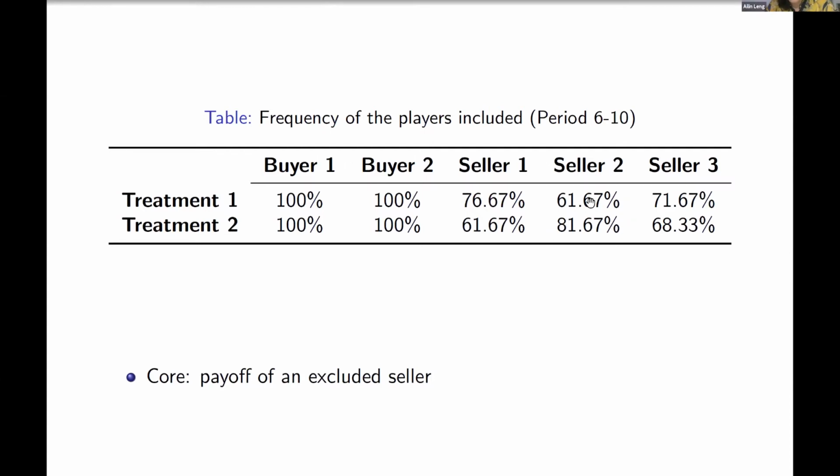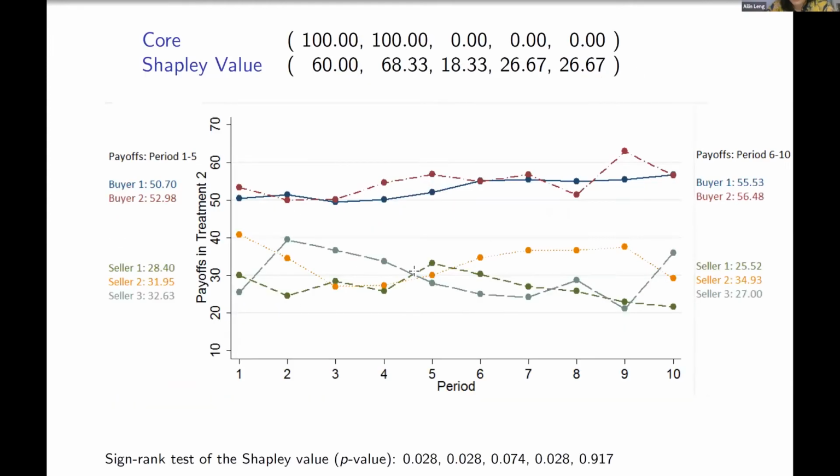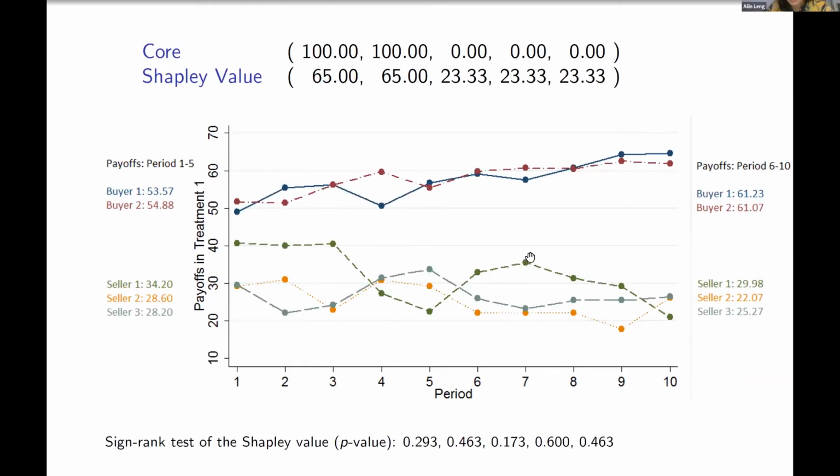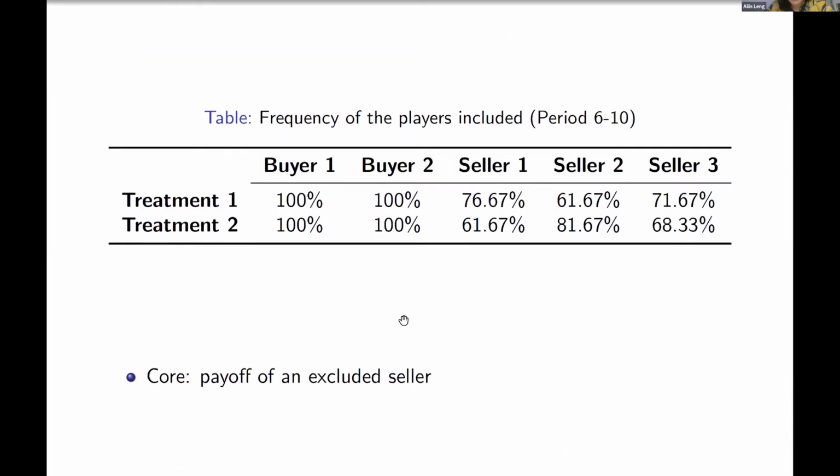And for seller 2, it increases by 20 percentage points. So I've said that the Shapley value has a better prediction of the payoffs. That is, if the payoffs are averaged across groups and over periods. But in a single game, because one excluded seller is getting nothing, his payoff is actually the same as the core prediction.